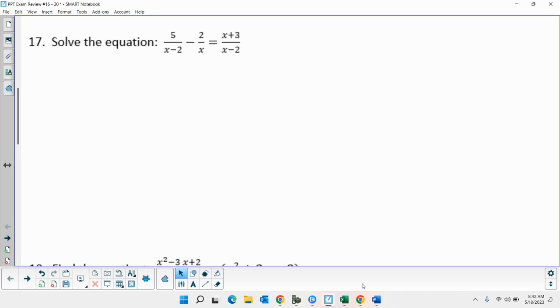Hint, find common denominator. And we use that common denominator to get rid of the fractions. That's the first step. Figure out what the common denominator is, and then use it to get rid of those fractions.